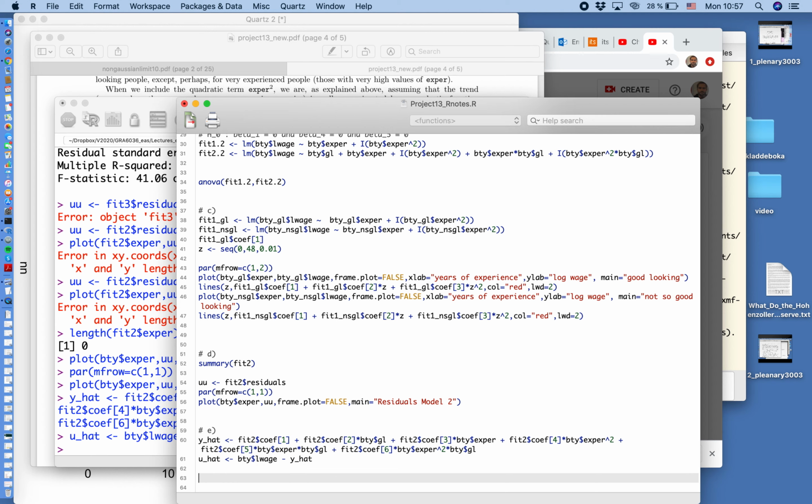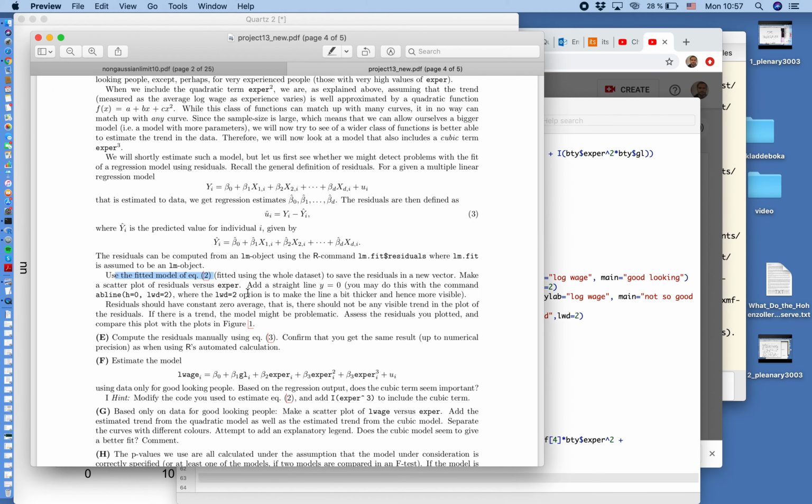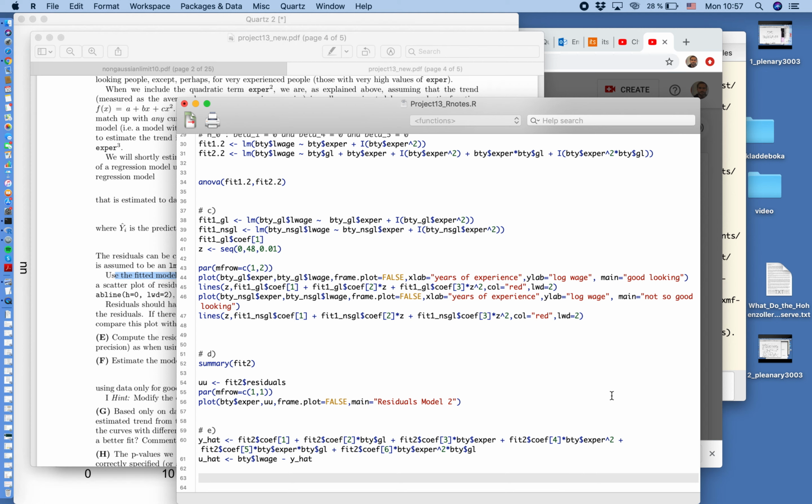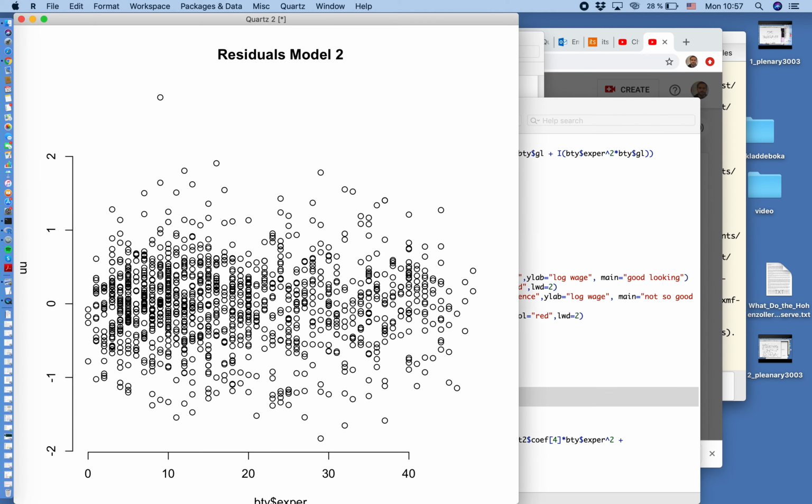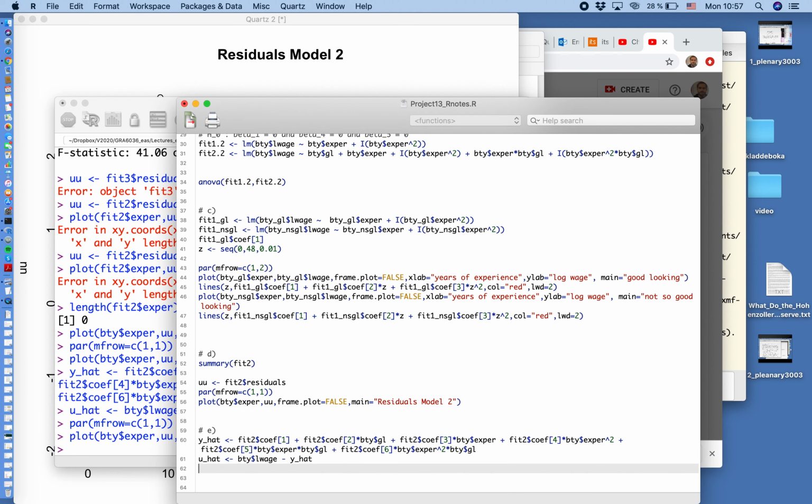So these are the residuals, and now we are to make sure that we did the same thing here as the LM object is doing up here. So then we can have this plot, and we can use the points function. So then what we need on the x-axis is the same, and then we take U hat.